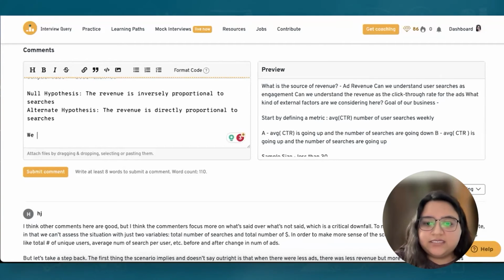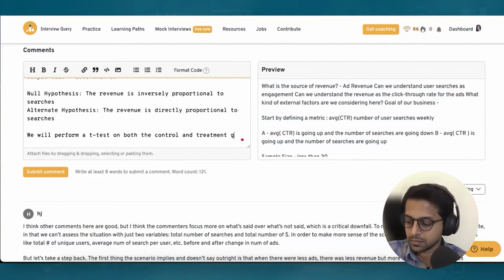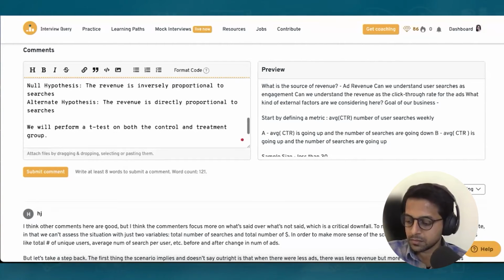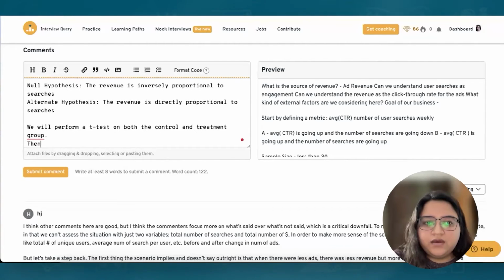So we will perform a t-test on both the control and the treatment group. Then we would analyze our results to check if it is statistically significant.